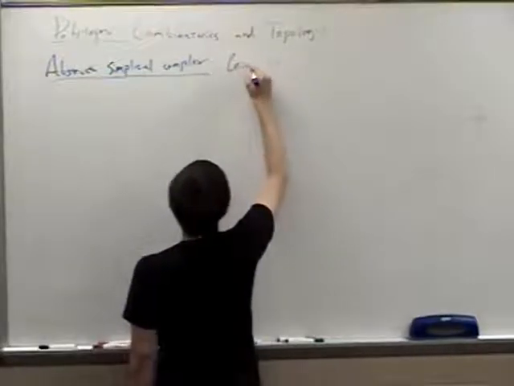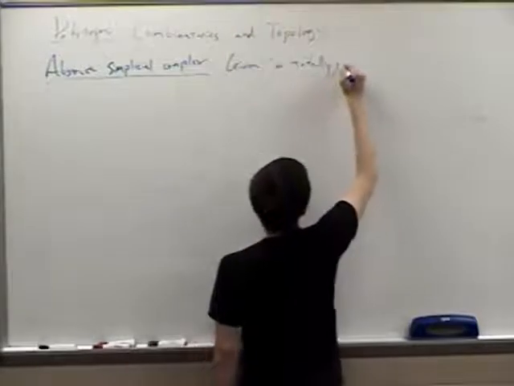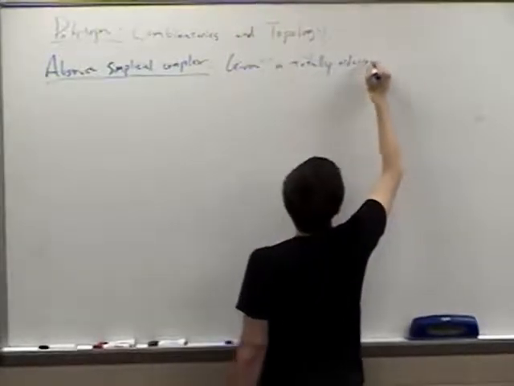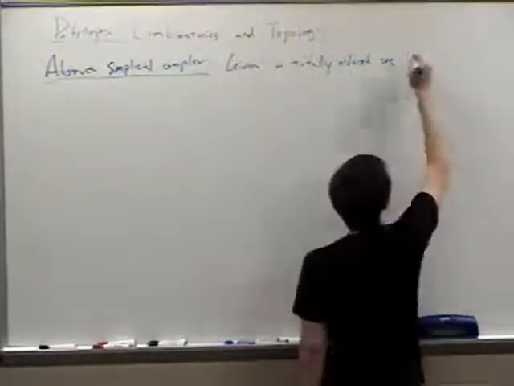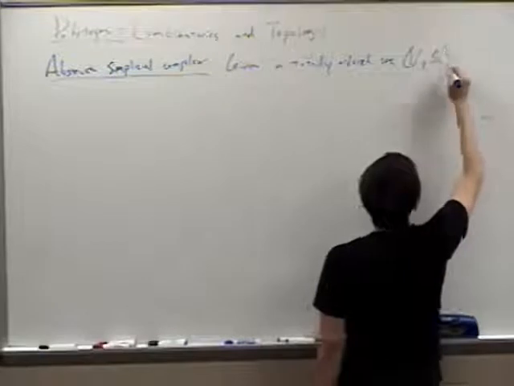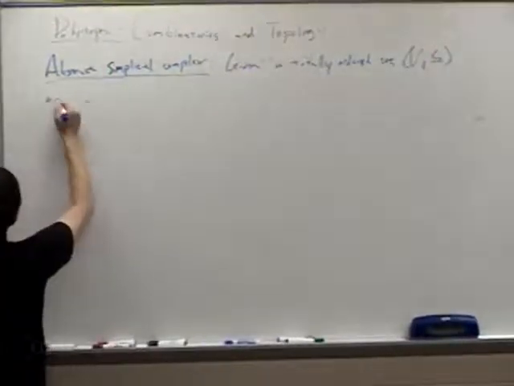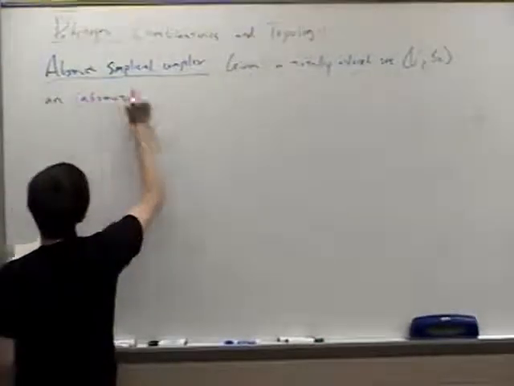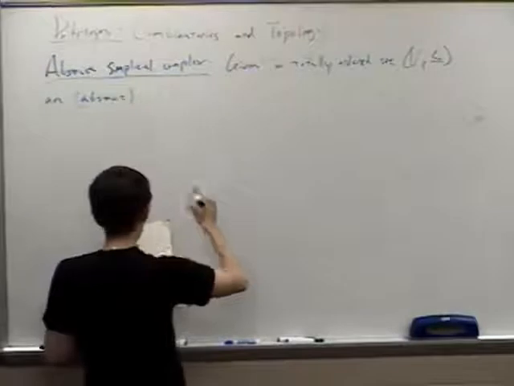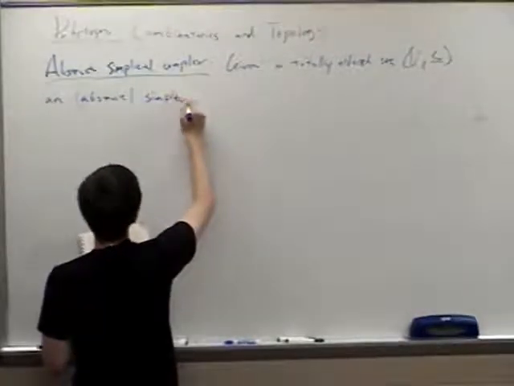So we'll say given a totally ordered set V, which is going to basically be the vertices of the polytope, an abstract simplicial complex X, and we'll kind of drop the term abstract when we're working here because it's almost always going to be an abstract simplicial complex.